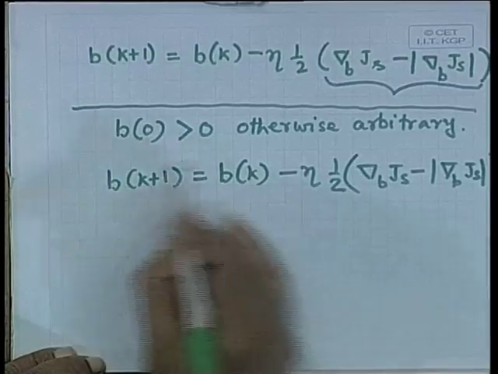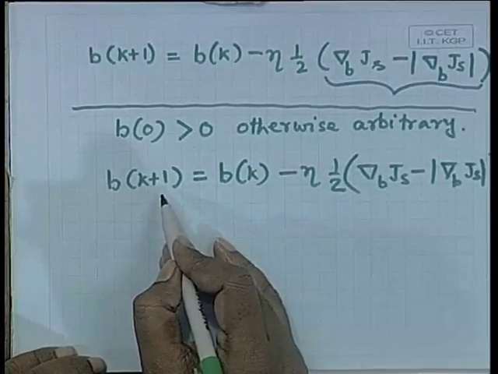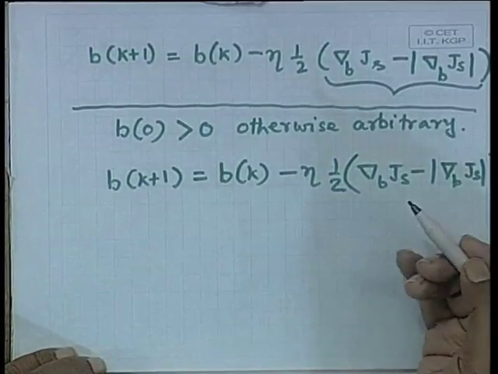So, once I have a particular value of B, I can use that B to compute the value of A, either making use of the pseudo inverse or following another iterative algorithm for obtaining A by using the gradient descent procedure with gradient of J s with respect to A. That is similar to what we have discussed in our last class.